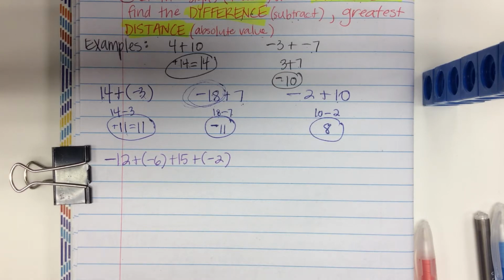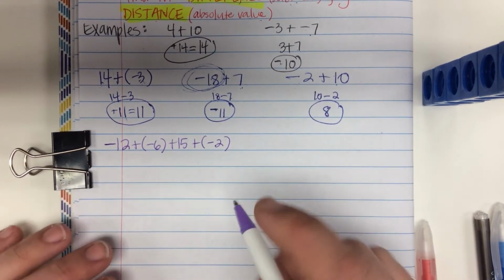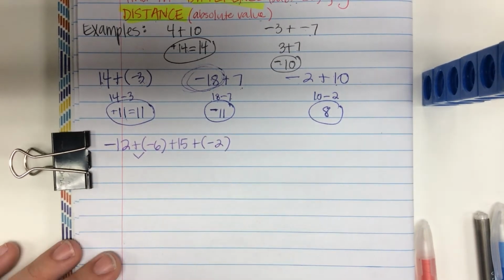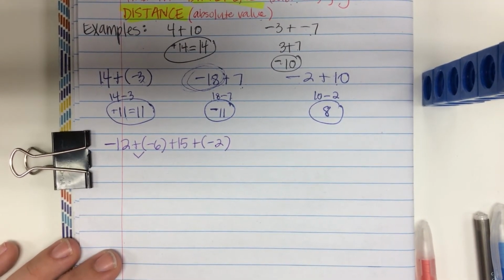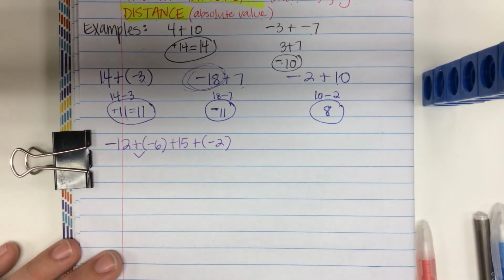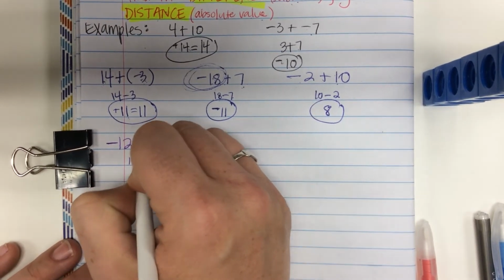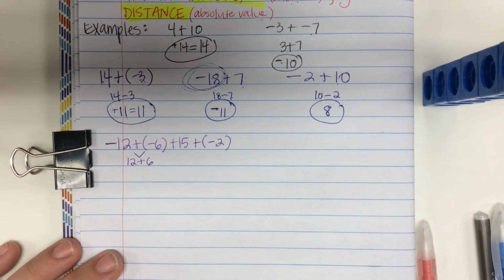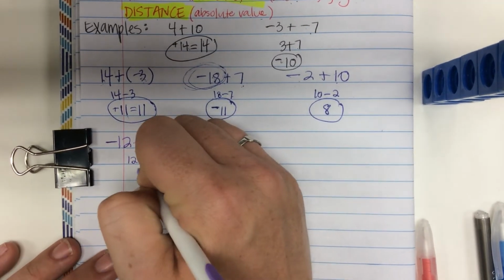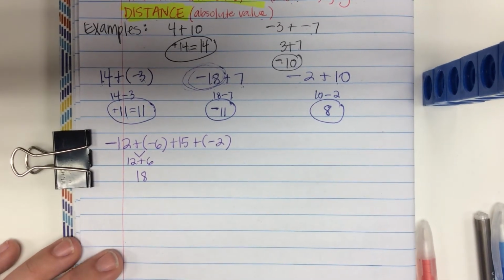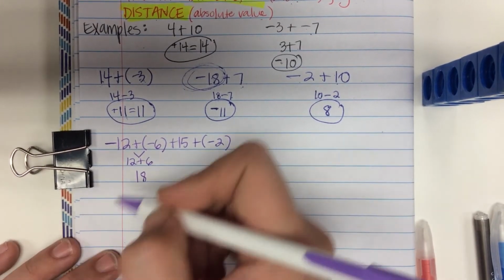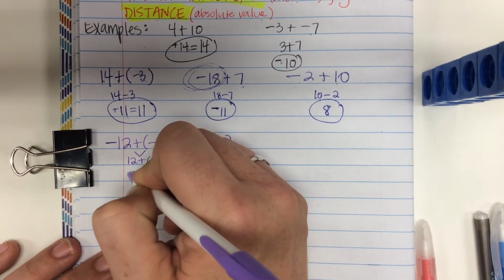I'm going to write out every step so you can see it when you go back to your notes to practice. Start from left to right. Are they the same or different? Find the sum. 12 plus 6. What's 12 plus 6? 18. Keep the sign, so it's negative.